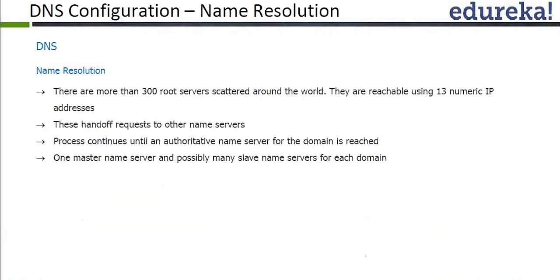Here are some important terms and terminology as a part of DNS. It is mainly useful for mapping IP address to host name and host name to IP address. When we say host name, we need to remember FQDN, fully qualified domain name.